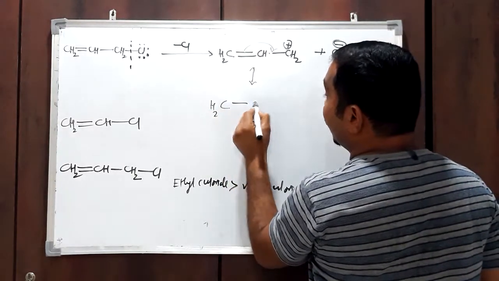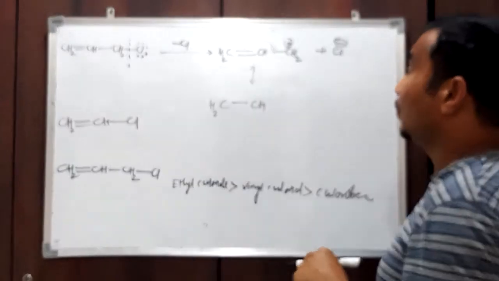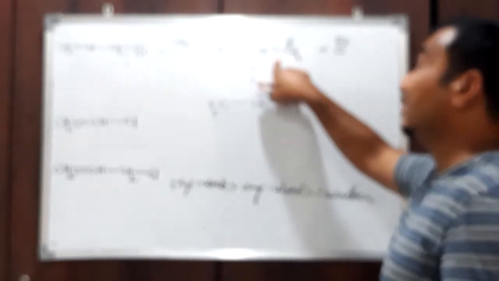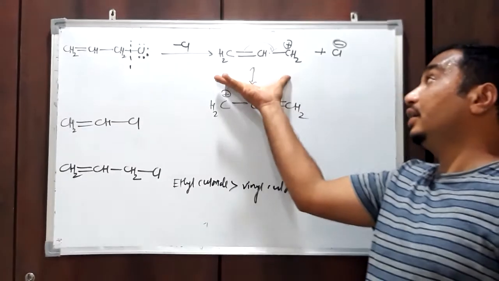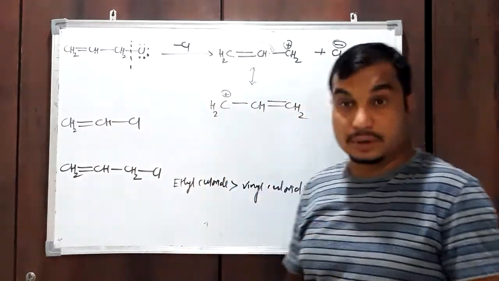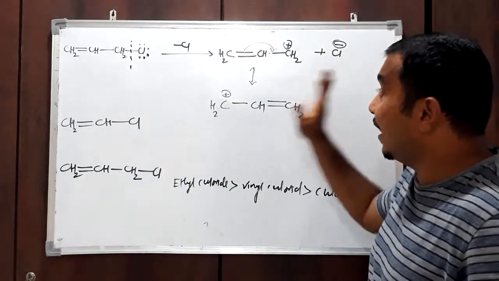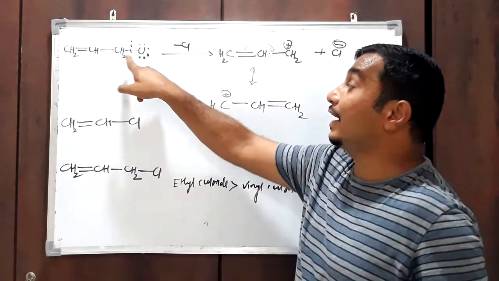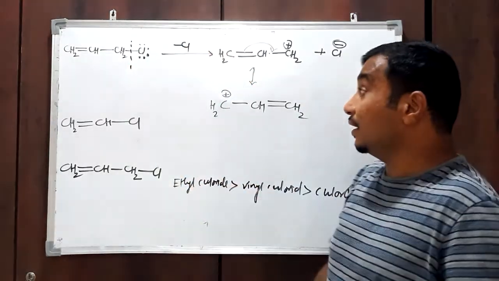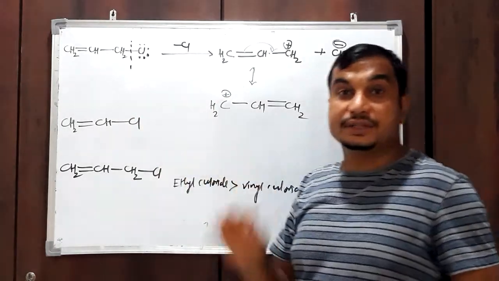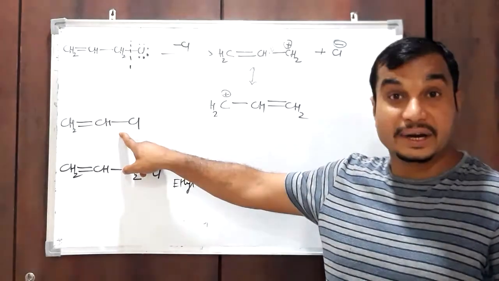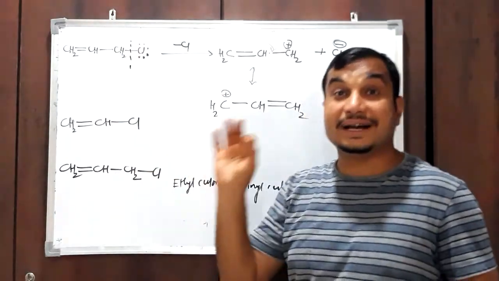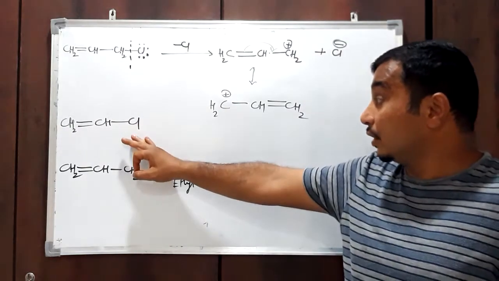So after removing the chlorine as Cl minus, the carbocation formed in the reaction shows resonance, which means this part is more stable than this part. Therefore this reaction is favored, and it is very easy to remove the chlorine atom from allylic chloride. That's why allylic chloride easily undergoes nucleophilic substitution reaction. So the reactivity of allyl chloride is higher than vinylic chloride.